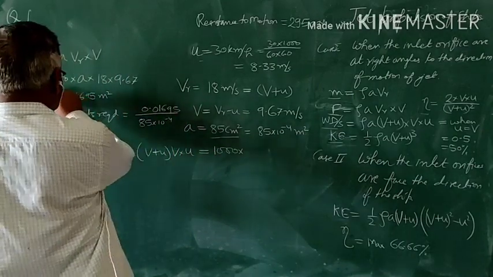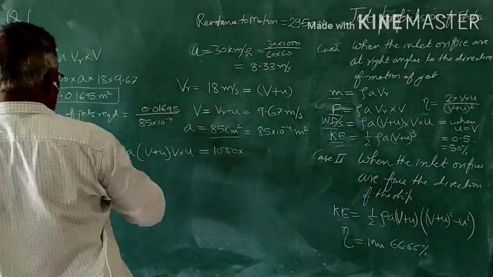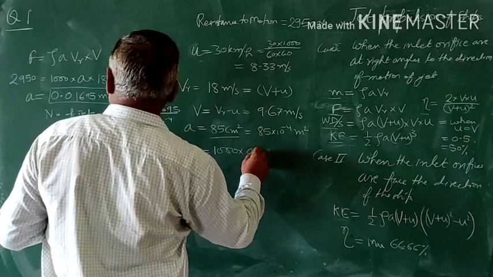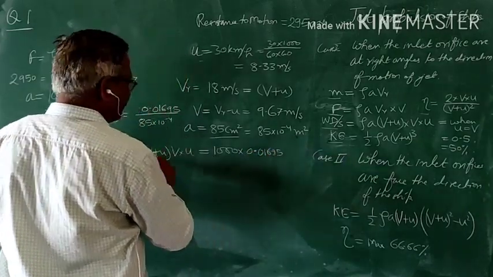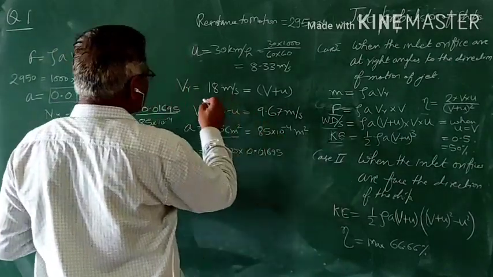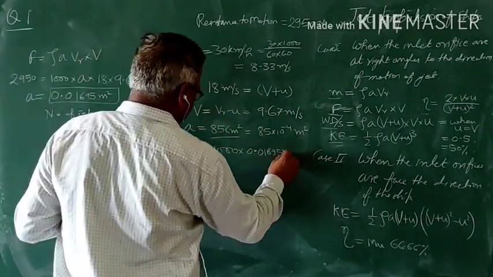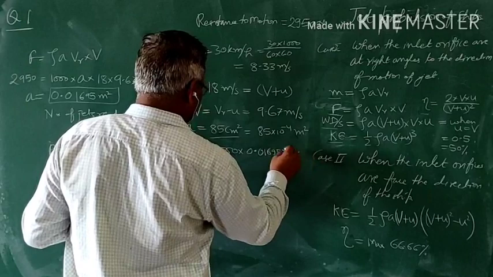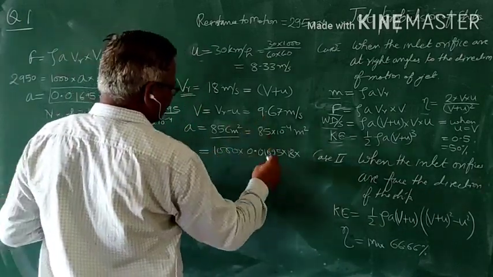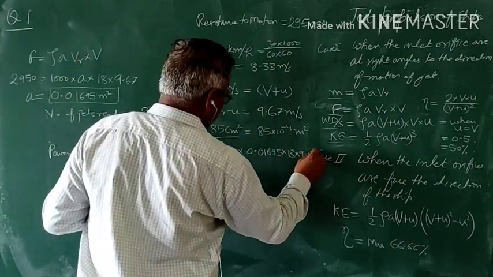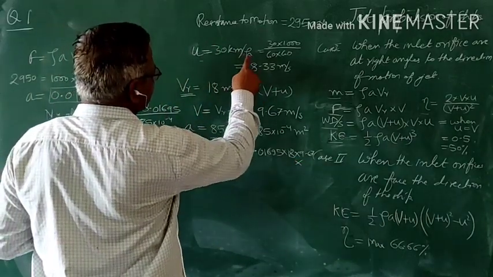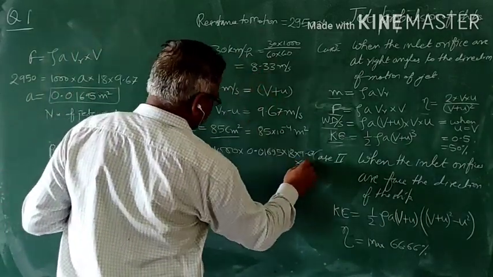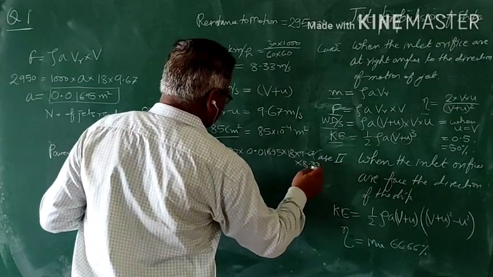by the area we have calculated, this much area is required. So into 0.01695 multiplied by V plus U, that is given as VR, so multiplied by 80, multiplied by V, it is 71.67, multiplied by U, it is given as 30 kilometer per hour, that is 8.33 meter per second.